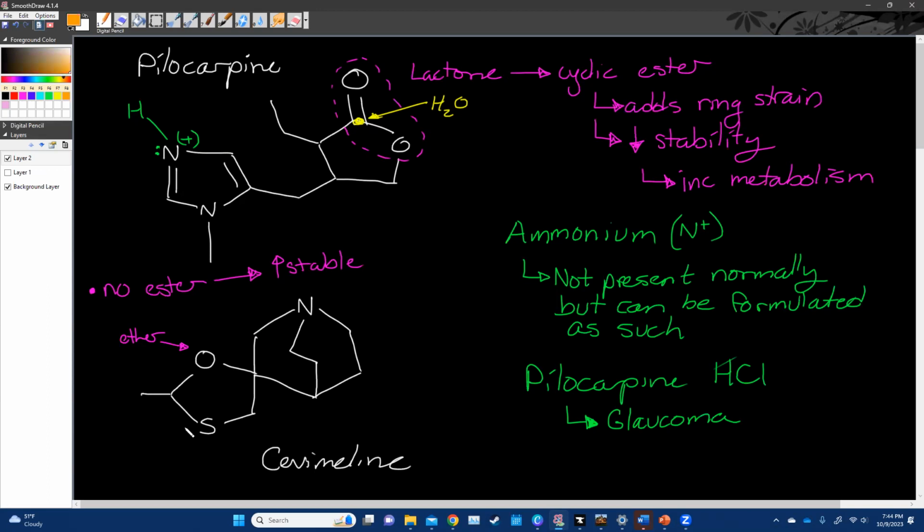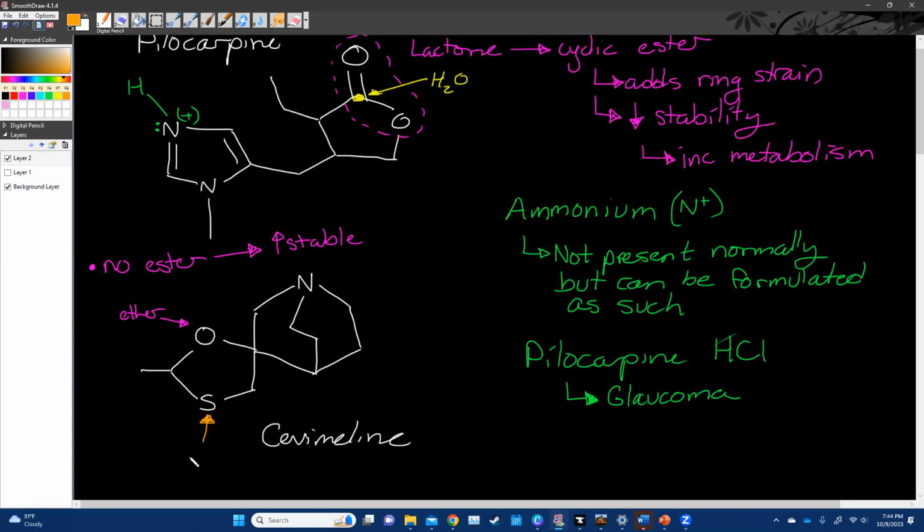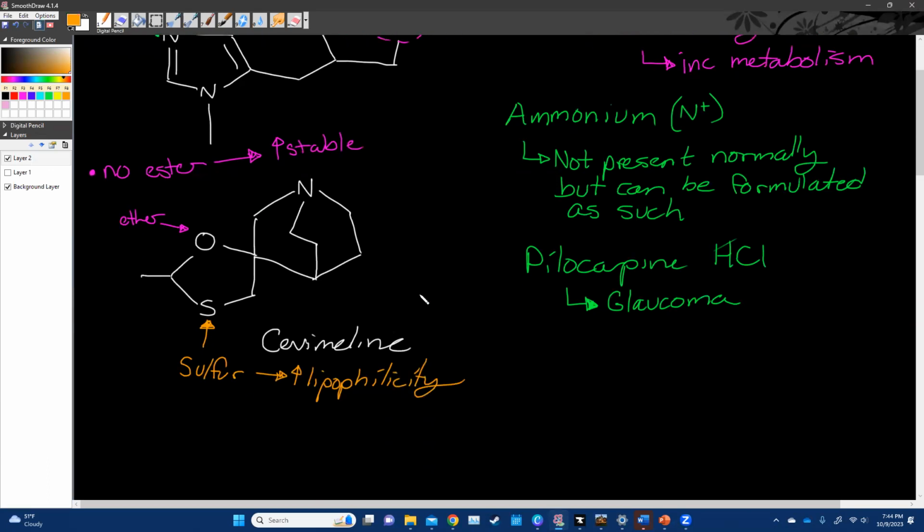The other important part about cevimeline is that we have this sulfur here. And whenever you see sulfur, I want you to think increased lipophilicity. So is this drug going to be able to cross into the body?